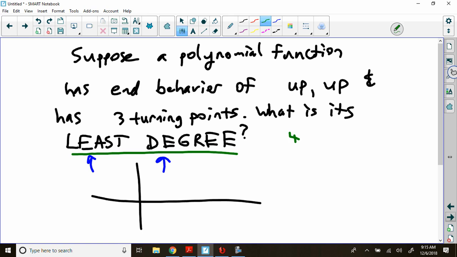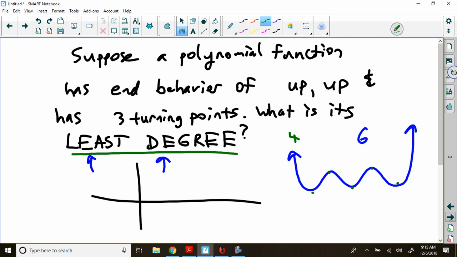Yeah, question. Is 4 the only one that has 3 turning points? That's an excellent question. No. A 6-degree polynomial could do something like this. It could go up on the left and go whoop, whoop, whoop, whoop. It could look like that, right? So there's 1, 2, 3, 4, 5 turning points.